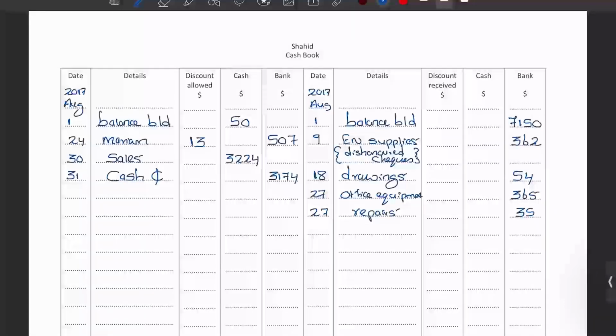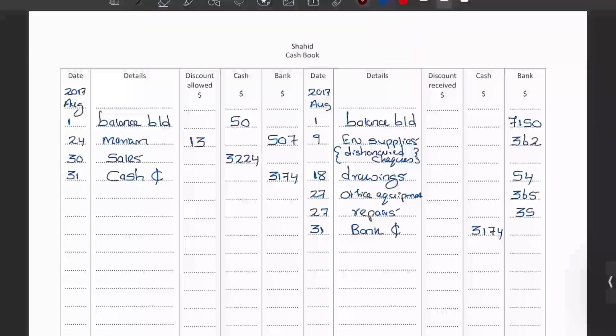So you will credit the cash account. It's a contra entry because you are putting cash into the bank. Cash will reduce, money in the bank will increase. On 31st, you will write Bank, Contra. When you put cash into the bank, both cash and bank are involved. That is contra entry.